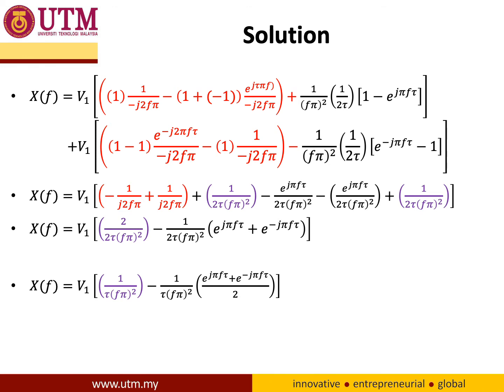Finally, we have the equations. The purple is for e to the power 0, and the black for e to the power jπfτ and e to the power minus jπfτ. And we rearrange the equations so that we can see a pattern.